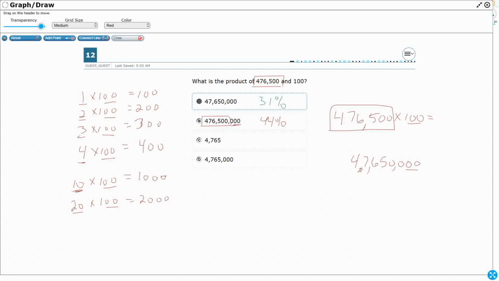But look what it adds. It adds 3 zeros. There's only 2 zeros. This would work if this was times 1,000. If we multiply by 1,000, we would get 3 zeros and we would keep all the commas. But this looks exactly the same. It keeps the commas. It just adds one too many zeros.